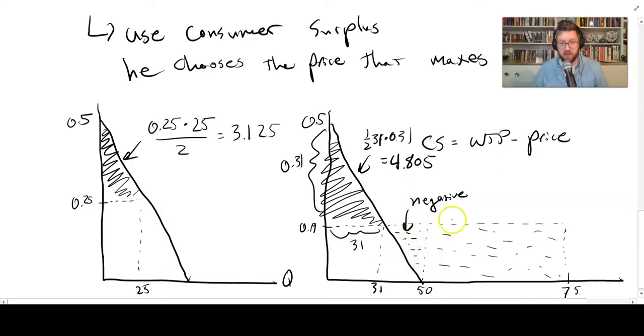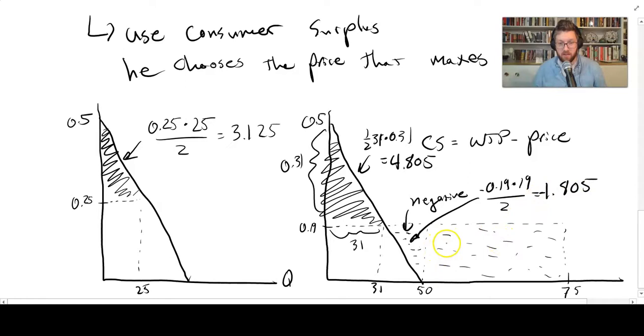Okay, so this first triangle here has a height of 0.19 from here to here, and a width of 19. And we have to divide by 2 because it's a triangle. So let's call this negative area, that's equal to 1.805, negative though.